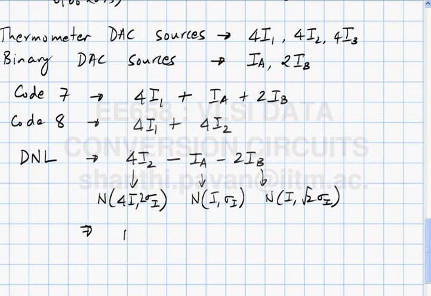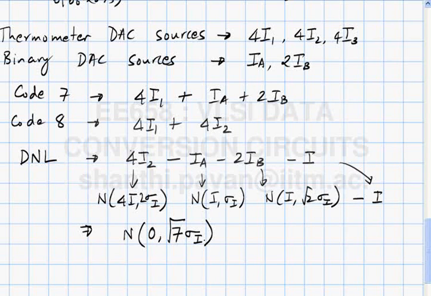Okay. So the DNL, or the change, I am sorry, is proportional to 4I2 minus IA minus 2IB minus the nominal LSB, which happens to be I. So this is nothing but N of 0 because I have subtracted off the nominal LSB size, and the variance now becomes 4 plus 1 is 5, plus 2 is 7.